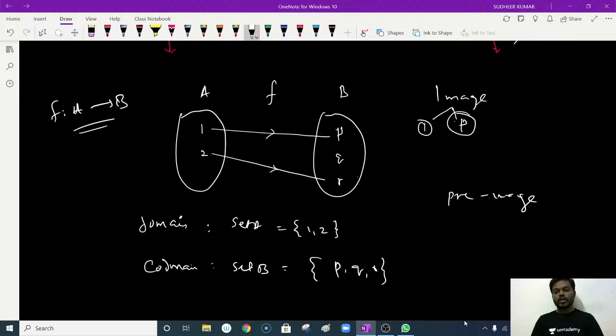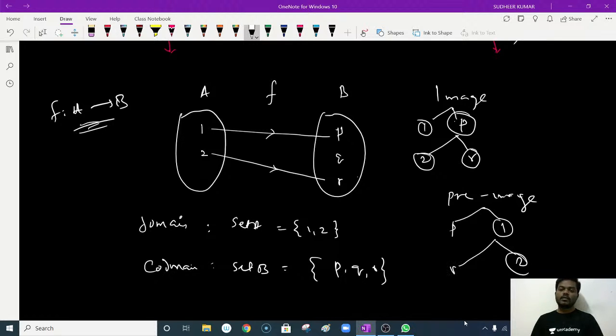P is the image of 1. Similarly, R is the image of 2. Similarly, when f is defined as a function from A to B, then 1 is called the pre-image of P. Similarly, 2 is called the pre-image of R. That's it, just the opposite. Right? This is also read as f is a mapping from A to B, because functions are also called mappings.